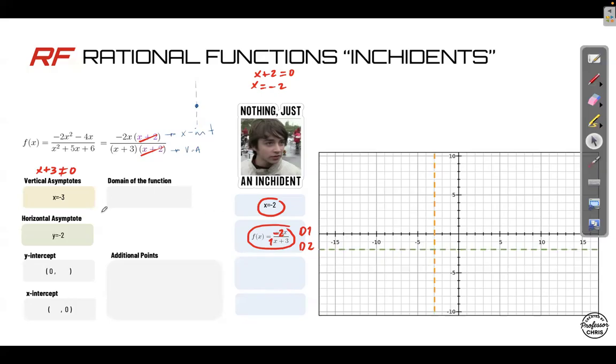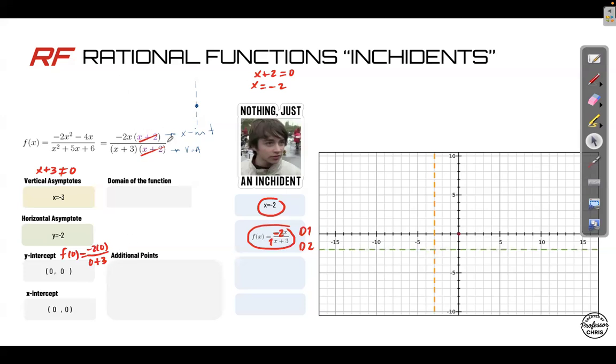The y-intercept, you need to evaluate the new function at 0. f of 0 is equal to minus 2 times 0 divided by 0 plus 3. So that is going to get you 0, 0.